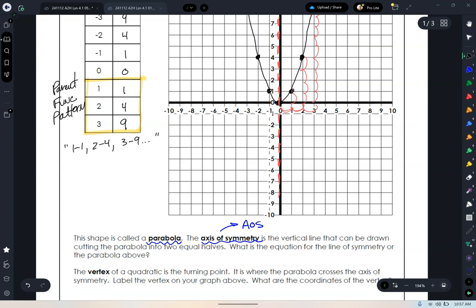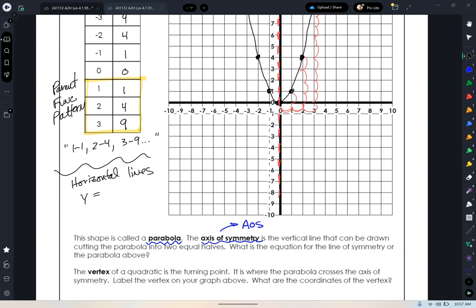Let's remind ourselves of something real quick: horizontal lines are always going to have y equals, and vertical lines are always going to be written in the equation x equals. So our axis of symmetry for this parabola above is going to be x equals 0. You're going to have to be able to identify the axis of symmetry.